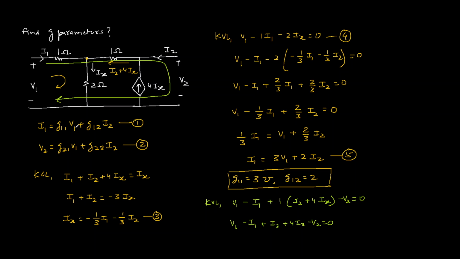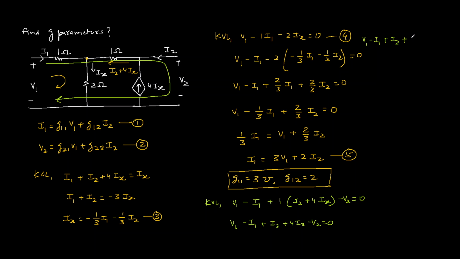We need to have V1, I1, I2. In fact, V2, V1 and I2. Okay. So V1 minus I1 plus I2, and this Ix is replaced by equation 3.